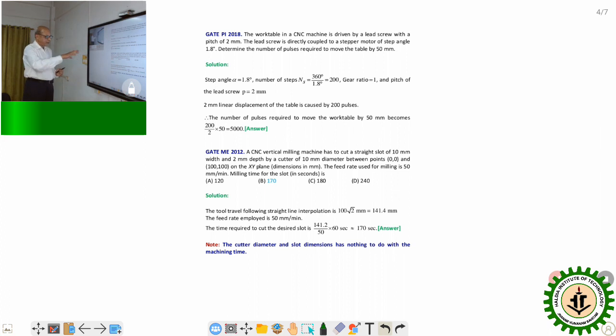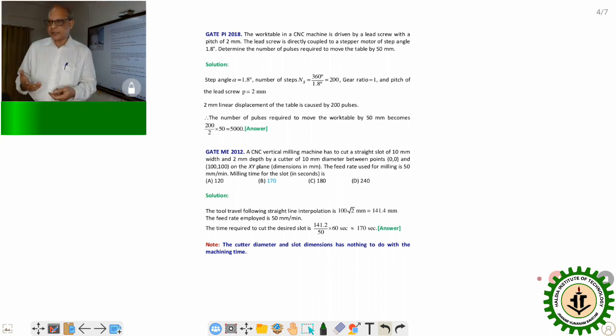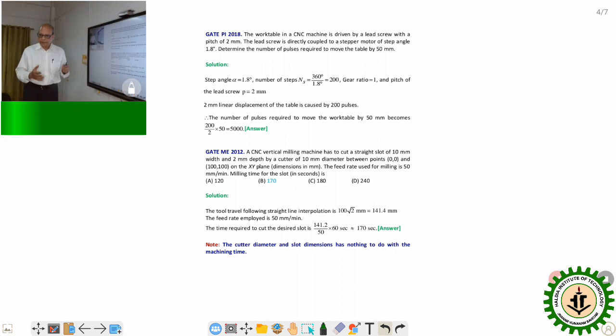While solving this sort of problem, initially you may have some confusion about the straight slot of 10 millimeter width and 2 millimeter depth of cut. What is the utility of these data? These are extraneous data which are not required to calculate the machining time or tool travel time.